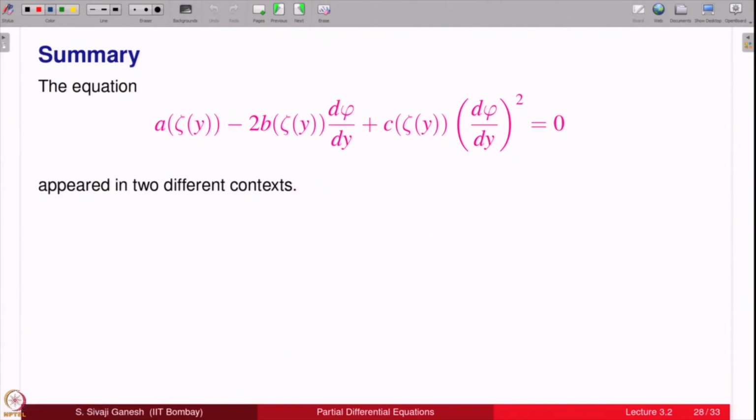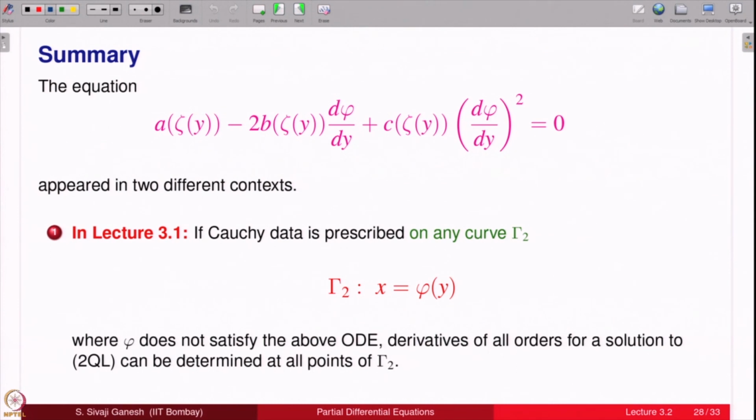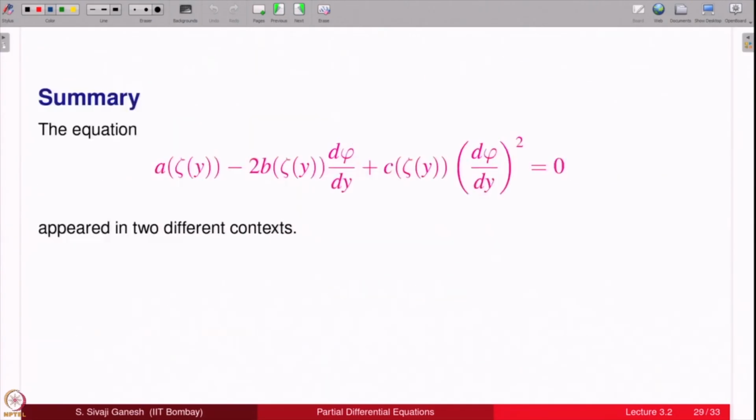So let us summarize this equation, which is the ODE on the slide. It appeared in 2 different contexts. In lecture 3.1, how did it appear? If the Cauchy data is prescribed along the curve gamma 2, x equal to phi of y, where phi does not satisfy the above ODE, derivatives of all orders for a solution to 2QL can be determined at all points of gamma 2.